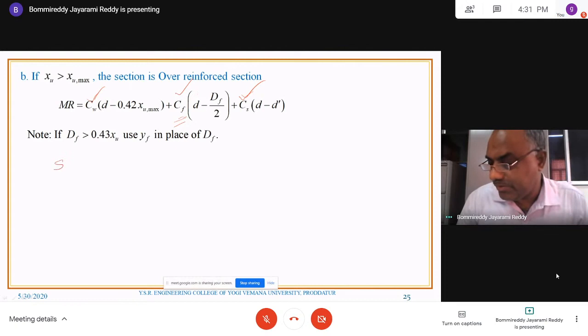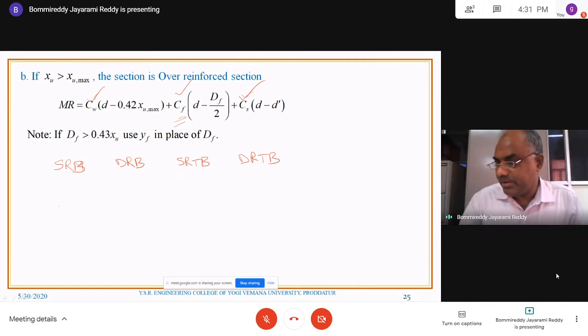So here you can summarize it: singly reinforced beams, doubly reinforced beams, singly reinforced T-beams, doubly reinforced T-beams. In singly reinforced beams, you call CC, compressive resistance of concrete. In doubly reinforced beams, the compressive resistance is CC and also CS.